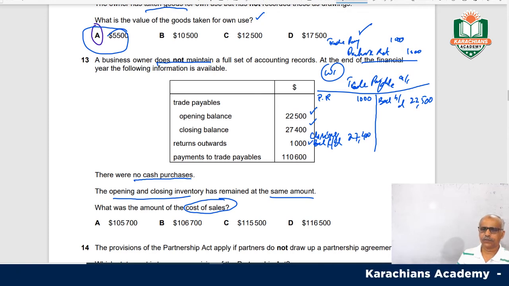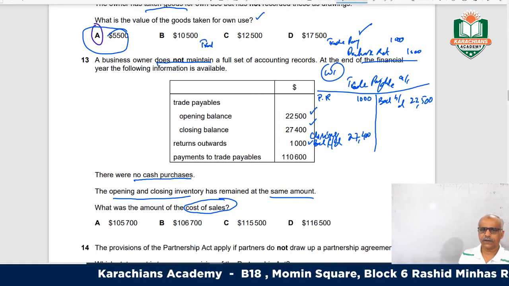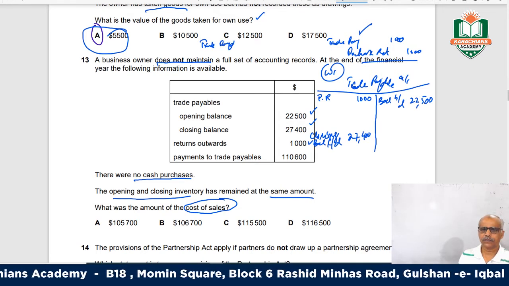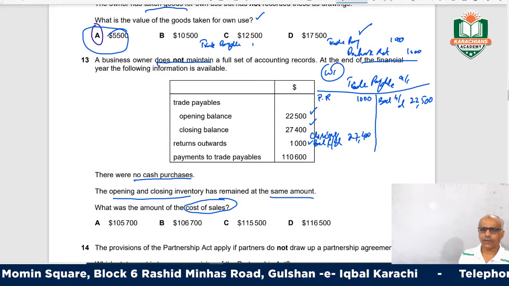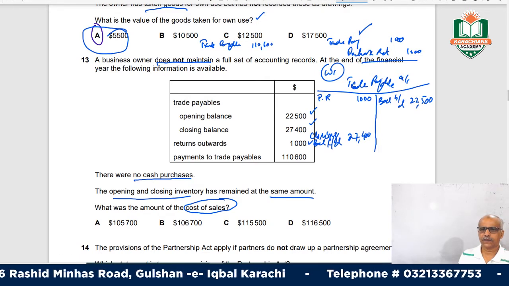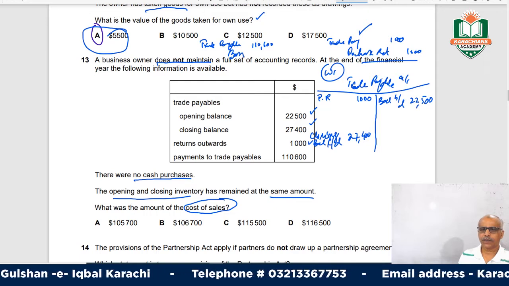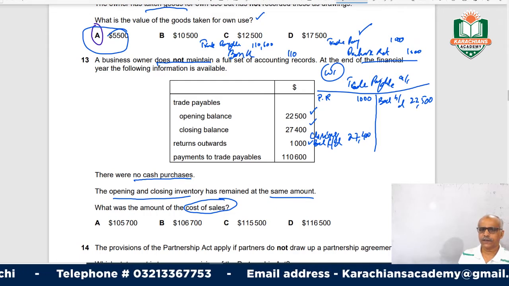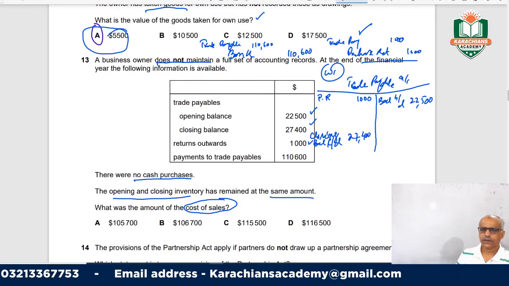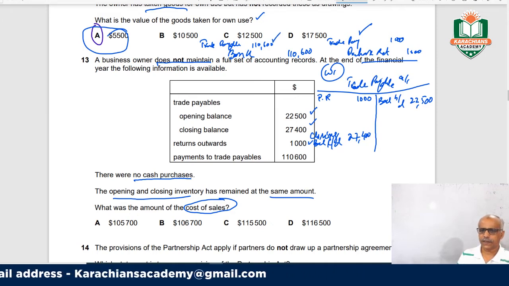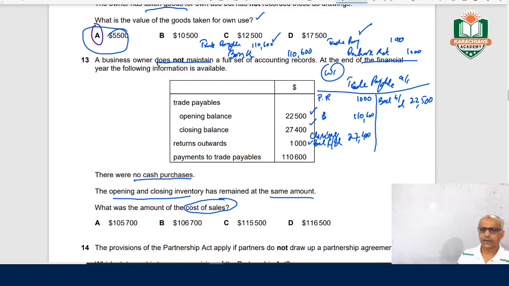When we make payment, what is done? Trade payable is debited with 110,600. Your bank will be credited with 110,600. So this will appear here as 110,600, and you have paid it from bank. So you got all the information.